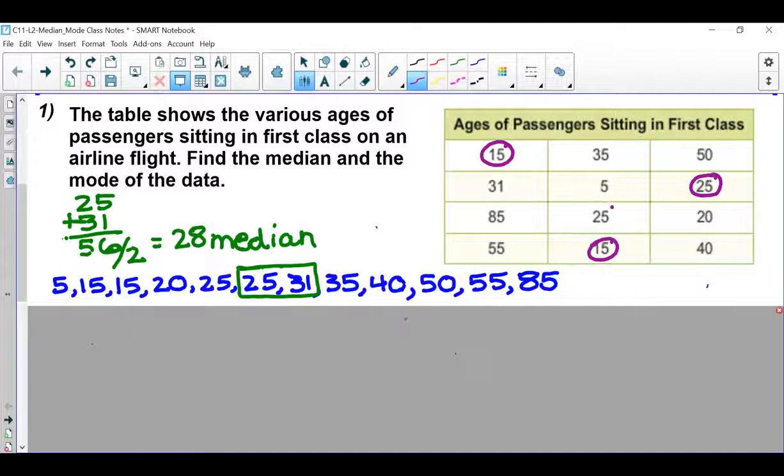So for this problem, I have two modes, 15 and 25. So I'm going to put mode 15 and 25. Now, if I happen to have one more 25, then 15 will drop off. The most occurring would have been 25. Okay, but we only have 2 and 2, so we're good.